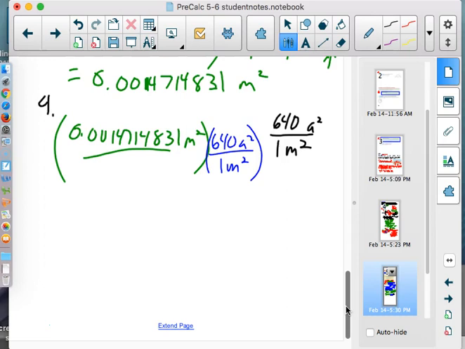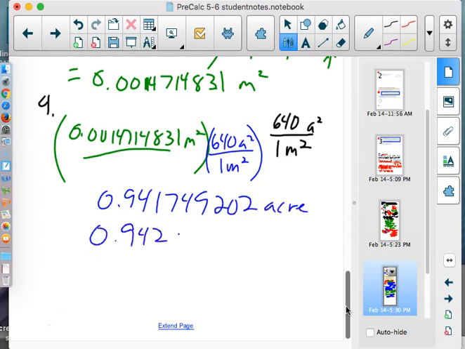They're two-dimensional. So when you do that, you get 0.941749202 acre. So this would be approximately 0.942 acres, of an acre, I should actually put right there.